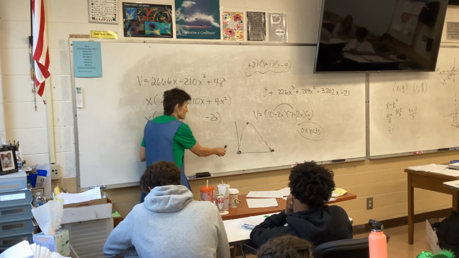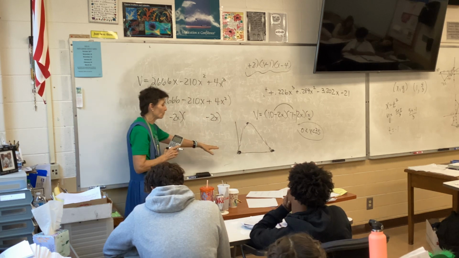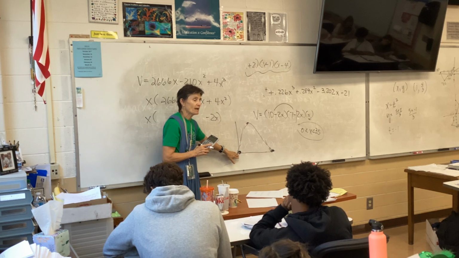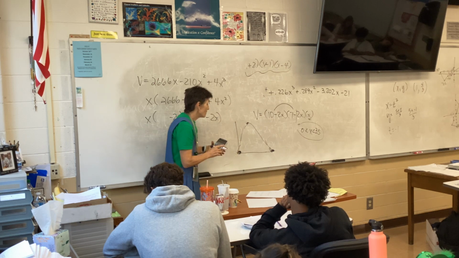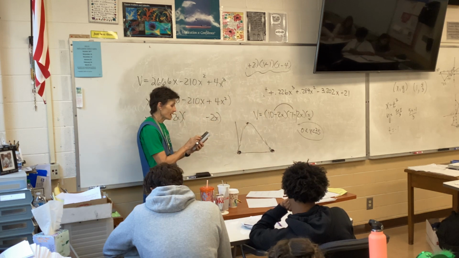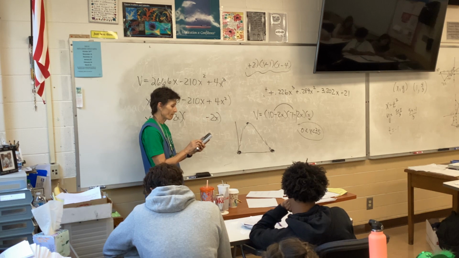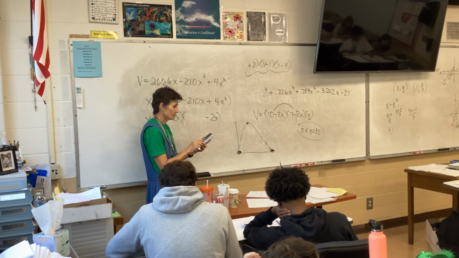Now, I know this one's 0 because it's got a factor of X. I knew that from the beginning. Isn't my minimum X always 0? This is the one I need to find. So second calc, zero, left bound, right bound.